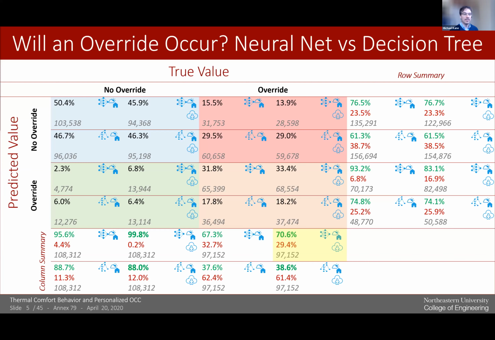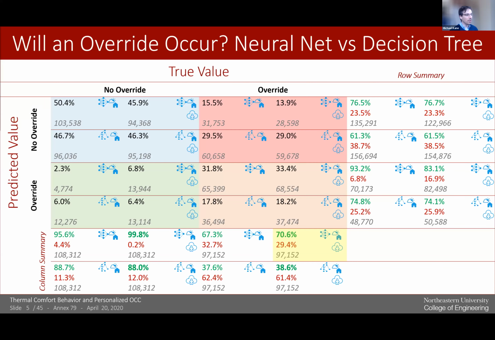We also tested to see if contextual factors were sufficient or whether we needed personal factors. The neural network was ultimately able to predict if an override will occur with 70% accuracy, while only 40% for the decision tree. Kind of highlighting the nonlinear effects going on in this relationship.